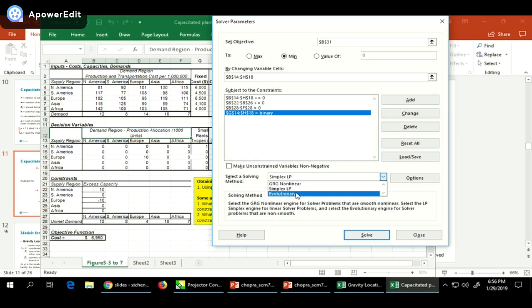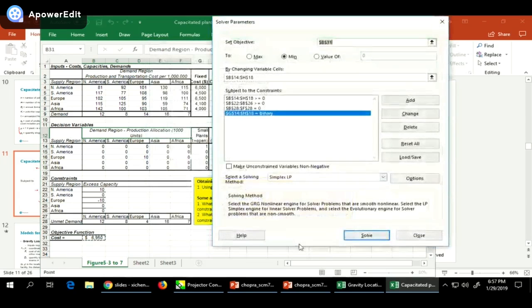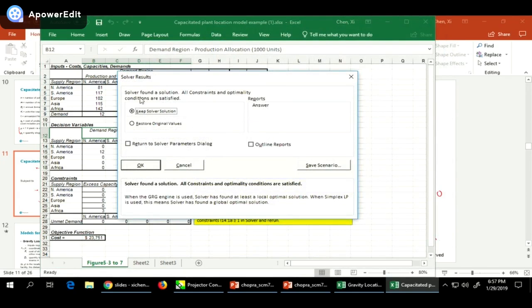So here we select simplex LP, and if you want, you can select these extra advanced options of how much time you want to search for a solution, how many iterations, and so on and so forth. I'm going to just use the default values, and then you can click on solve.